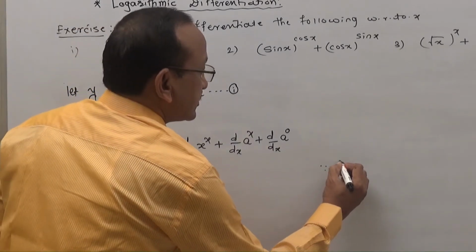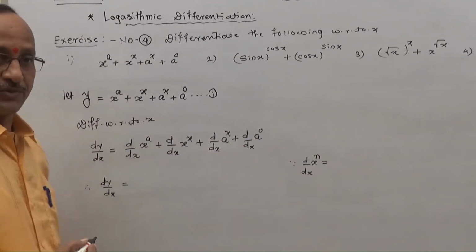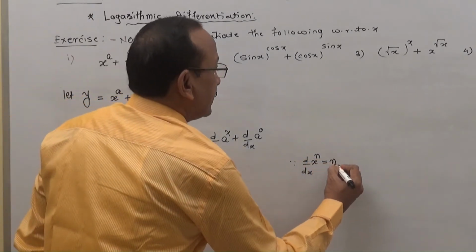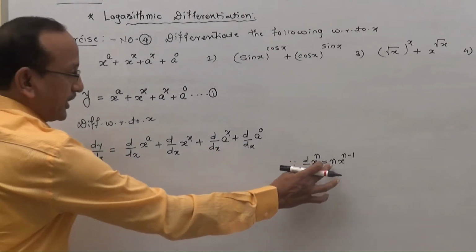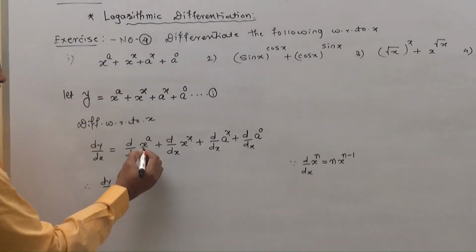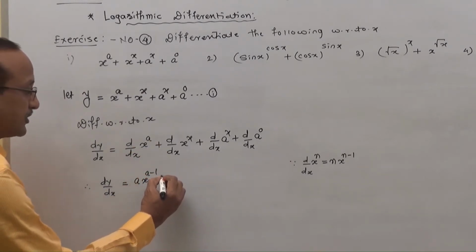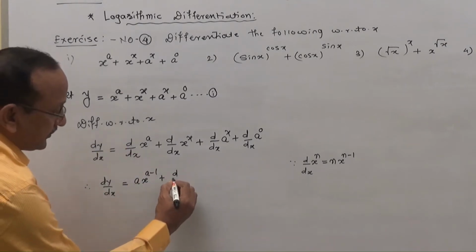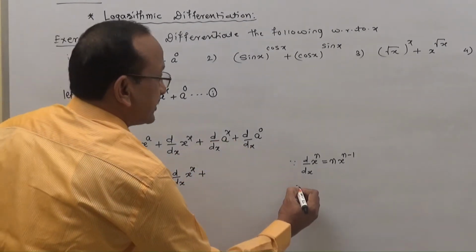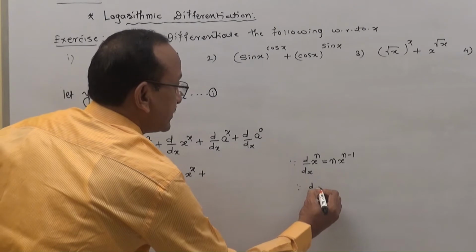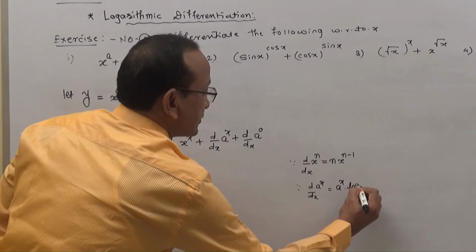By using this formula, derivative of x raised to power n is a standard formula: n x raised to power n minus 1. Then apply this formula here. It is a x raised to power a minus 1 plus derivative of x raised to power x plus, then apply the standard formula here. You know that derivative of a raised to power x is a raised to power x into log of a.